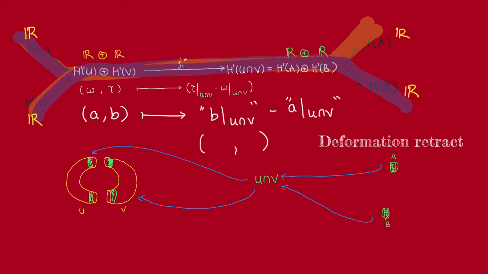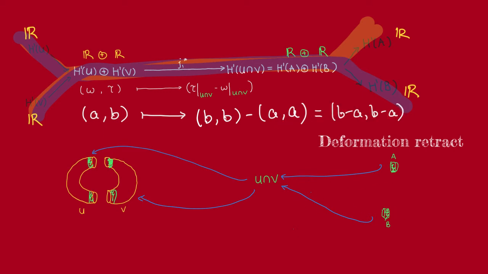Well, that should correspond to a pair: one corresponding to the image of B here and one corresponding to the image of B here. But we've said that these two maps are isomorphisms, so this really is just (B, B). And similarly, we'll see that the pullback of A under this map is going to be (A, A). So this map J1 just sends (A, B) to (B minus A, B minus A). In particular, its image is the diagonal.